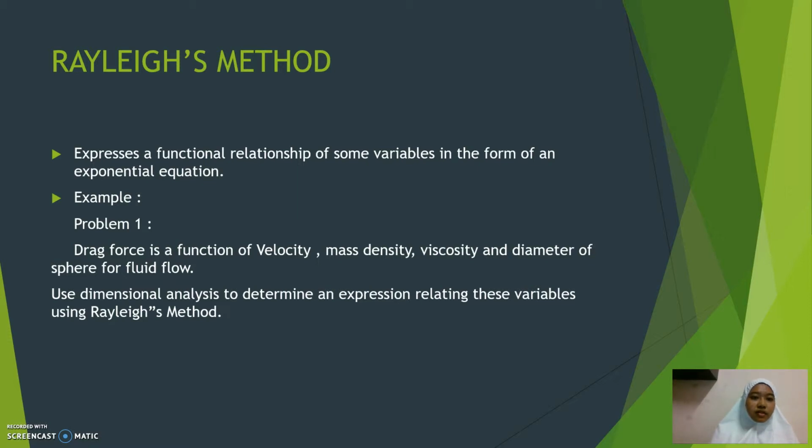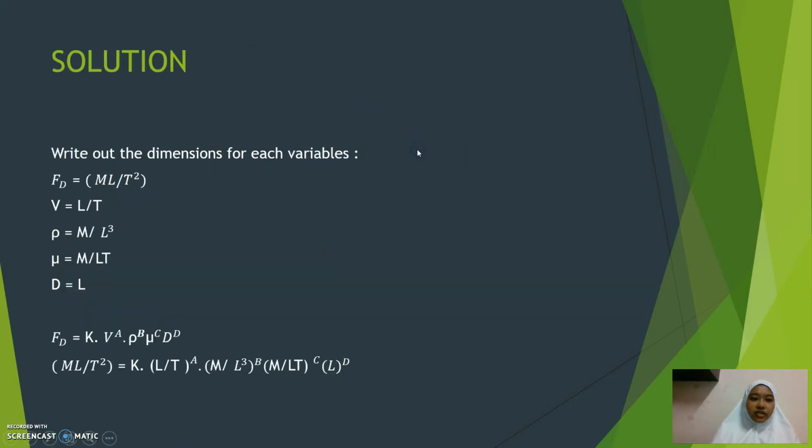So we'll get to the example. Problem 1. Drag force is a function of velocity, mass density, viscosity, and diameter of sphere for fluid flow. Use dimensional analysis to determine an expression relating these variables using Rayleigh's method. So the solution I'll explain one by one. First thing first, you write out the dimensions for each variable.